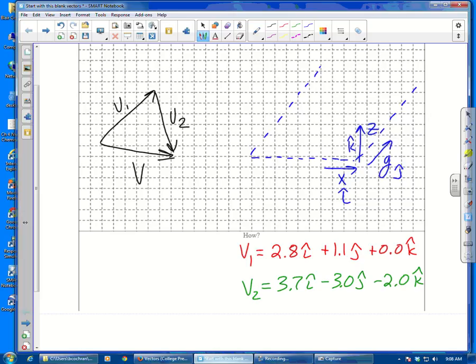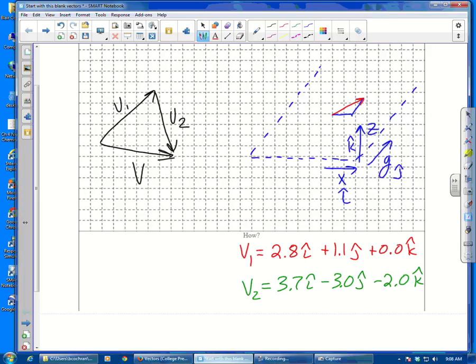So for that one, I would go this way, 2.8, this way, 1.1, and then none in the z direction. So that would be my v1 vector, drawn in a 3D sense.